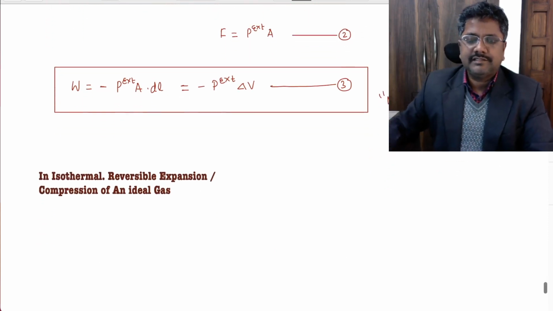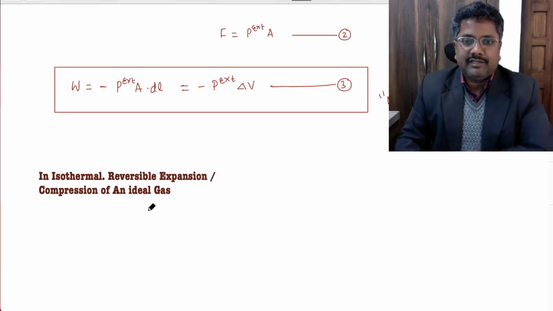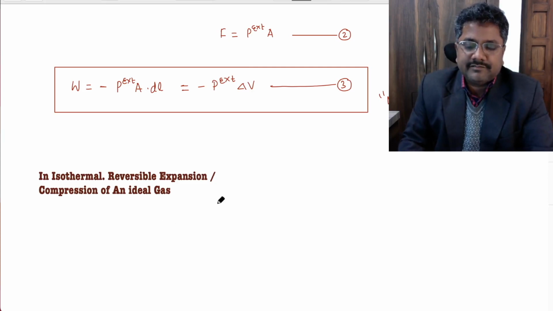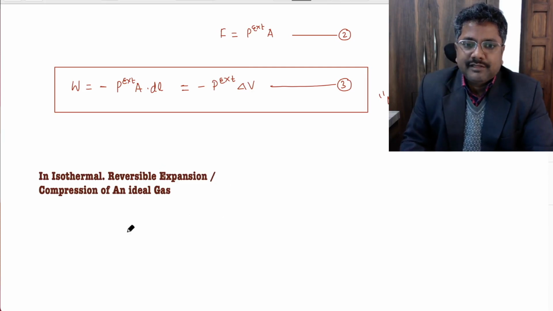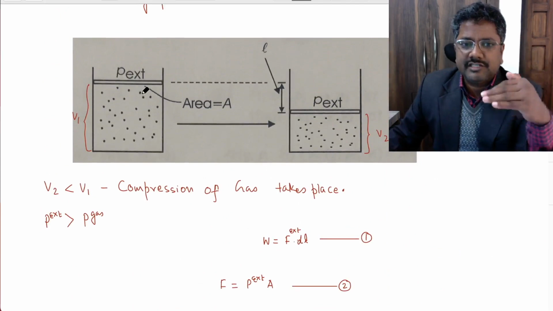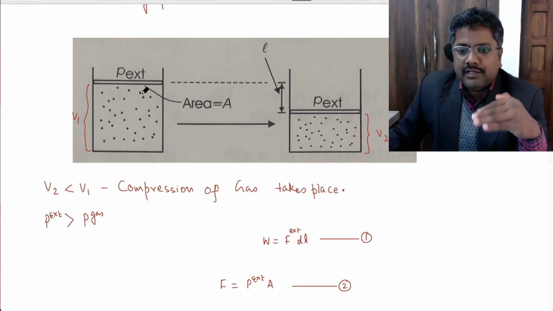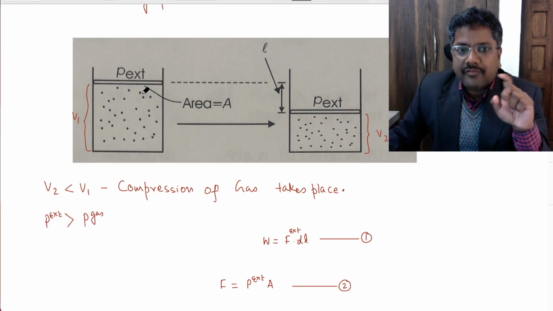So if a gas expands isothermally and reversibly, in this case there is a very slow process. When this piston will move slowly, there is a little difference between external pressure and pressure of gas.